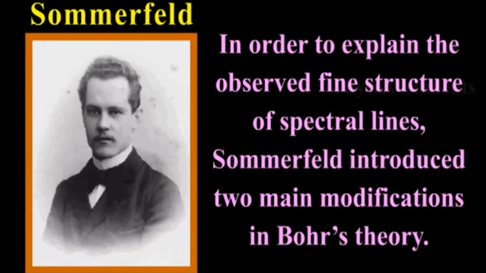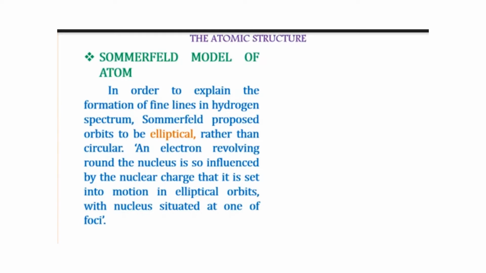To overcome those defects, Sommerfeld explained his observations in the form of a theory known as Sommerfeld's atomic model, or the Bohr-Sommerfeld atomic model, and he made two main modifications. In order to explain the formation of fine lines in the hydrogen spectrum, Sommerfeld proposed orbits to be elliptical rather than circular.